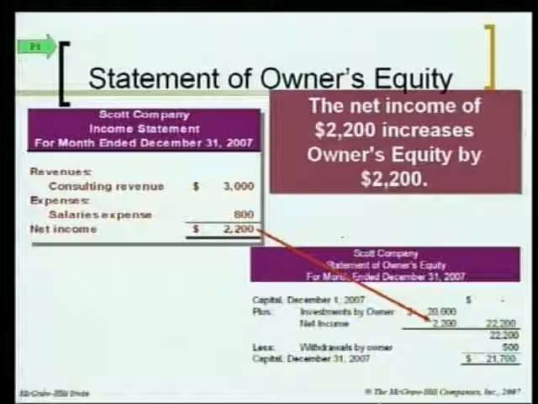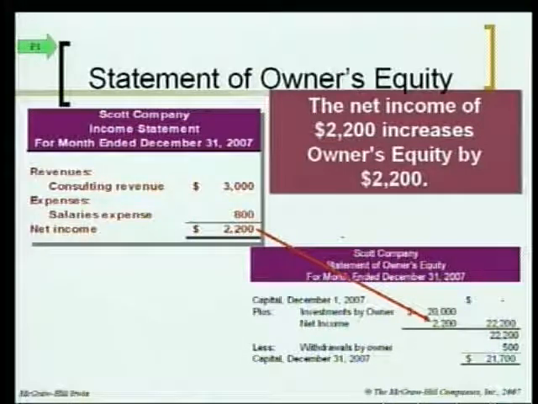Looking at that financial statement again, we can see certainly that investments by owners increased capital and withdrawals by owners decreased capital. Now here's where you might say, hold on a second, Dave. You told us that revenues increase capital and expenses decrease capital. And yet on this slide for statement of equity, we see that net income increases capital. Okay? It is true that all revenues increase capital.